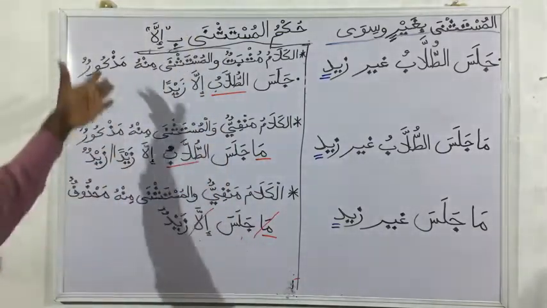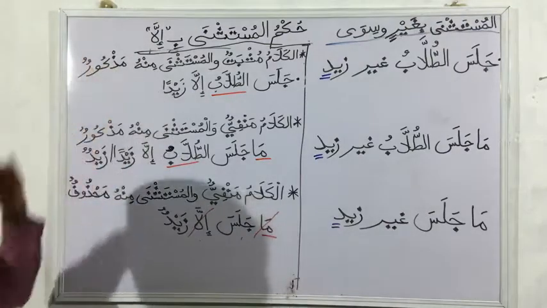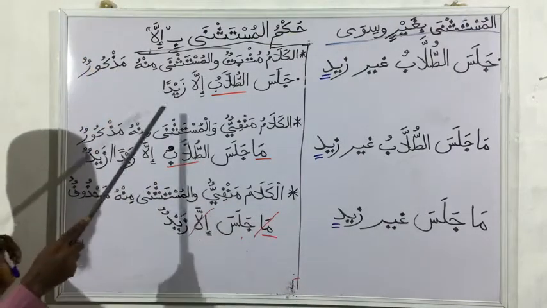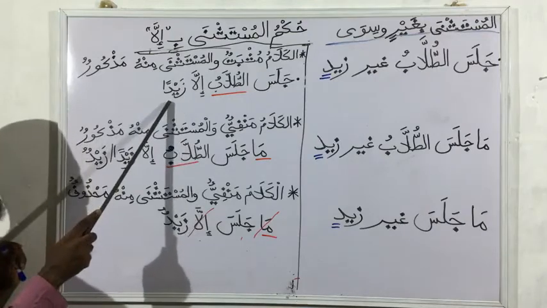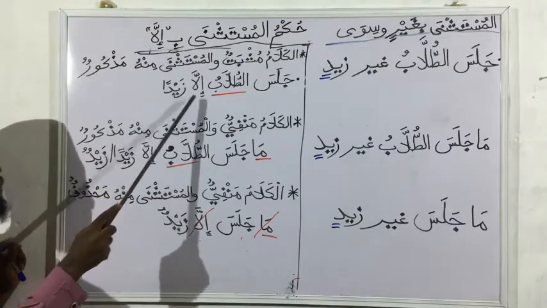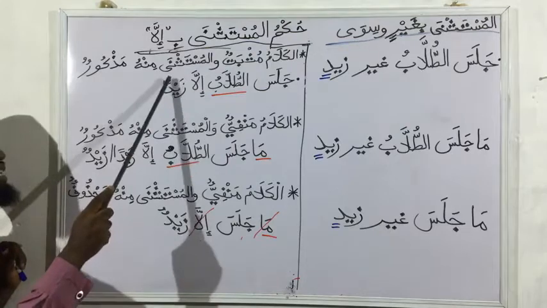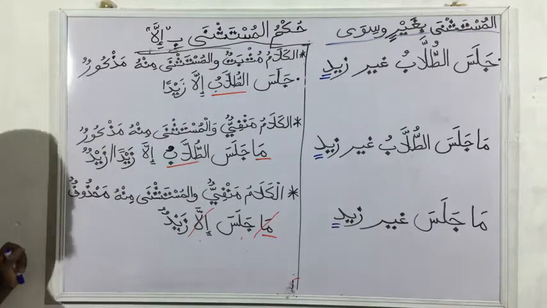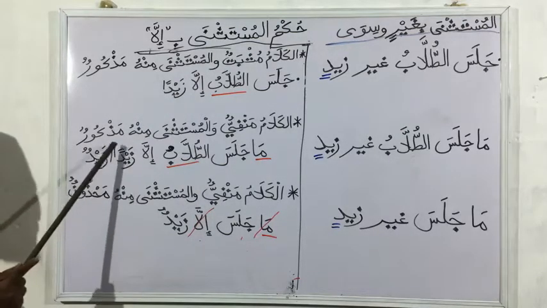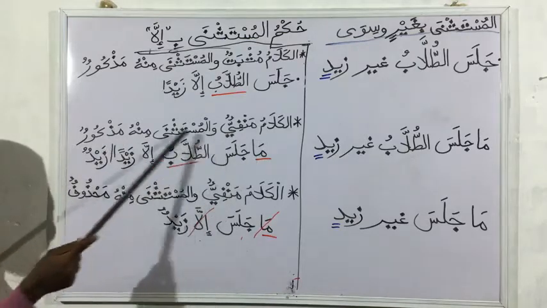If you look at this side now, when we are using illa, you will see our rule. Our mustasna, when we are using illa, takes a nasb. Look at this situation. Our mustasna takes a nasb here too, when our kalam is one, for you.